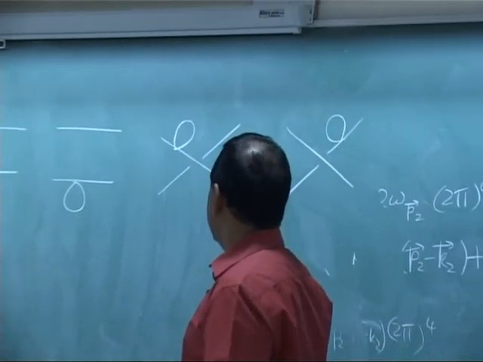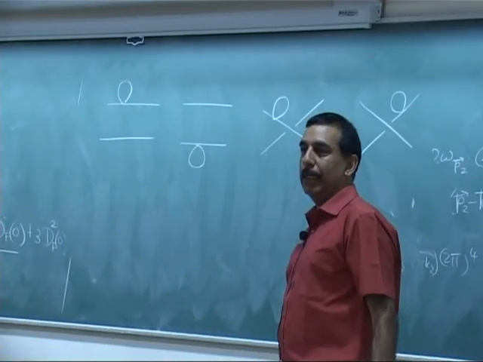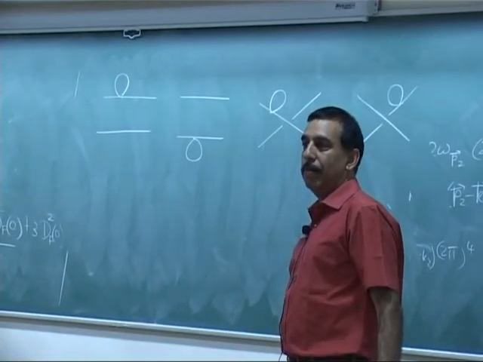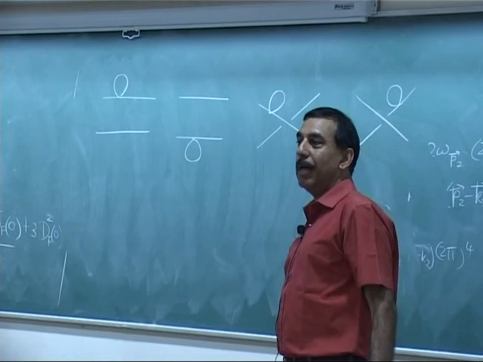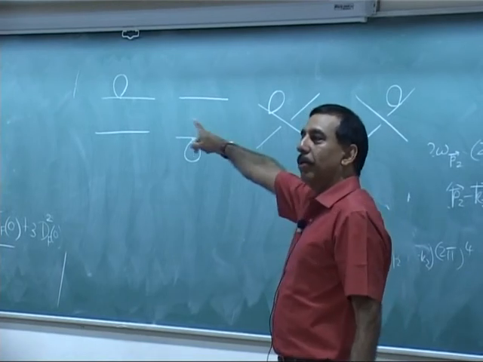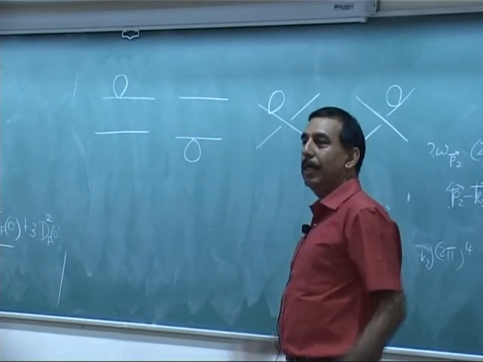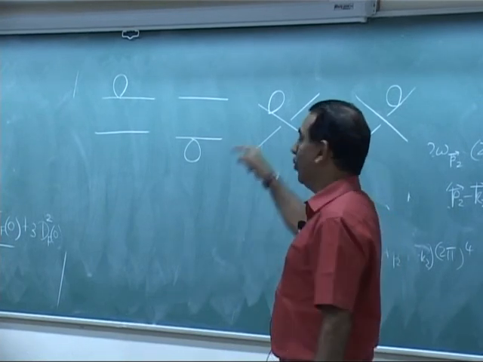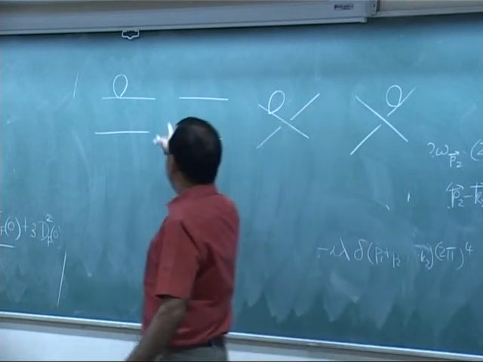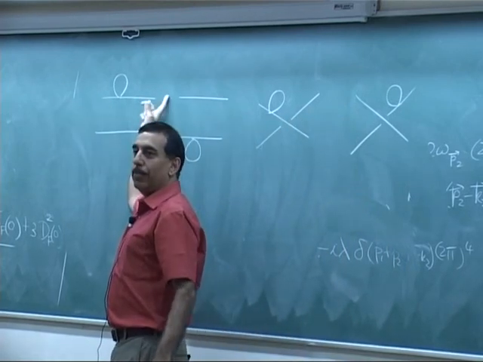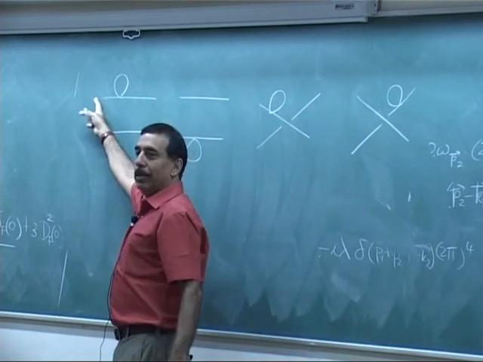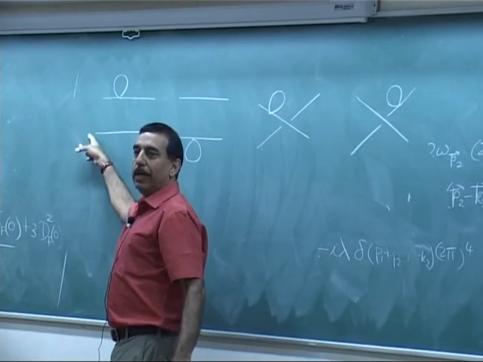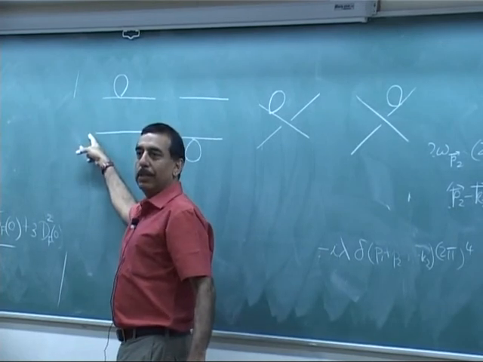Now, would you call this trivial or non-trivial scattering? There is no scattering. So this also should go into 1. This is why 1 is a bit of a complicated object. It doesn't only include free propagation, but also all self-interacting propagation, so long as the propagation is from a particle to a particle without interacting with the other particle.